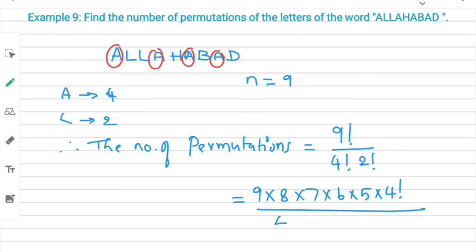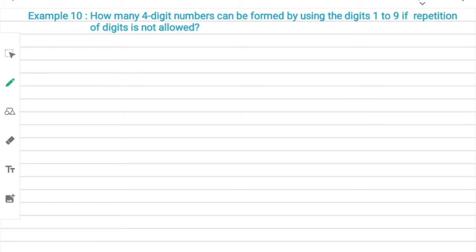In the denominator, 4 factorial as it is, and 2 factorial is 2 into 1. The 4 factorial and 4 factorial get cancelled. 2 into 4 is 8 with the 8, so when you multiply 9 into 4 into 7 into 6 into 5, you get the answer 7560 ways.